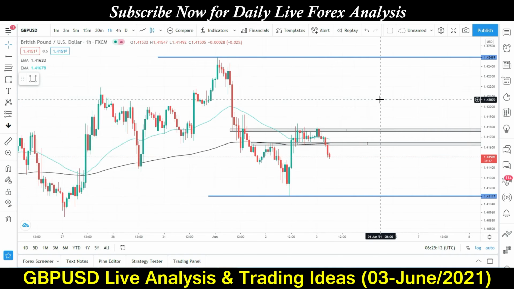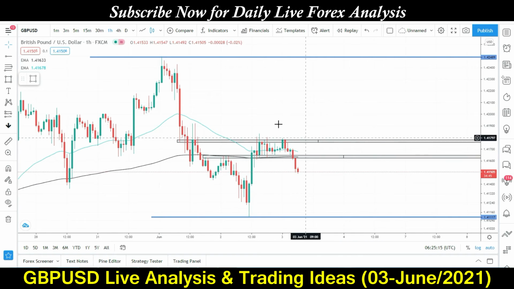So I think H1 will be fine for today. This is the resistance level. If market breaks this resistance level and closes above and the next candle comes down to retest this resistance area, then goes up, then you can open a buy trade above the previous candle top wick. So this will be a nice trade.